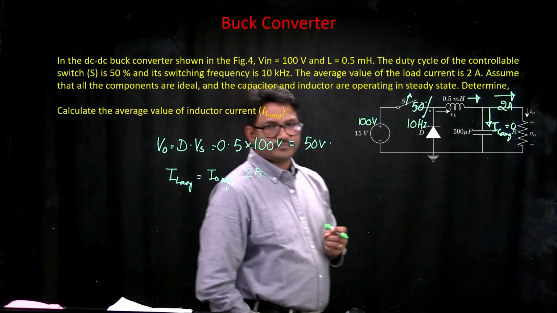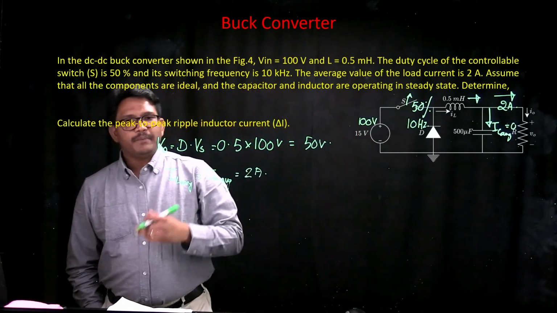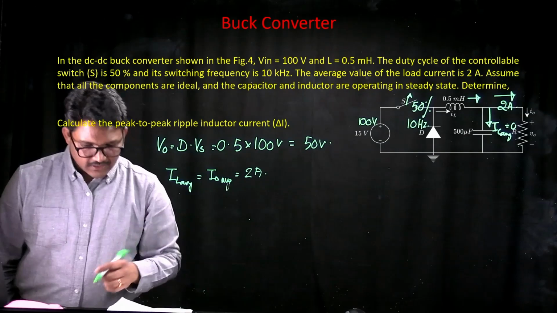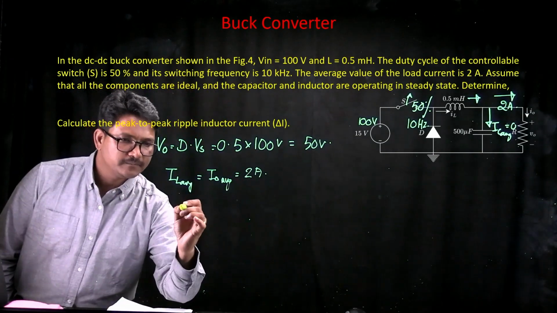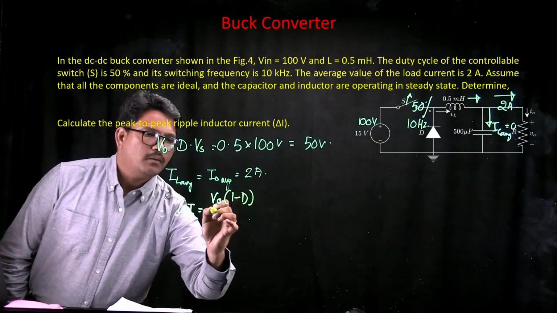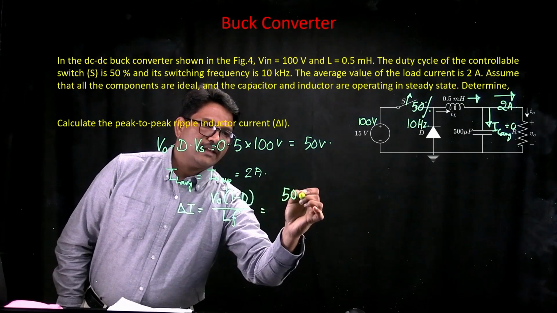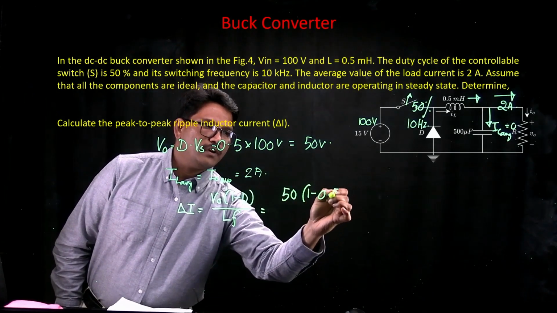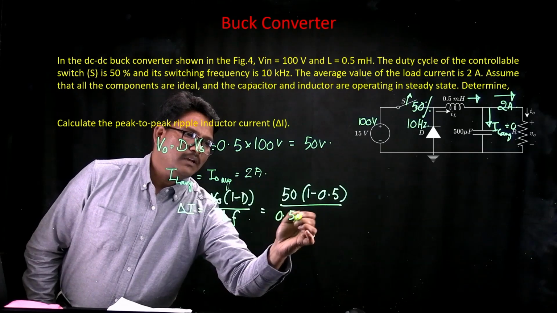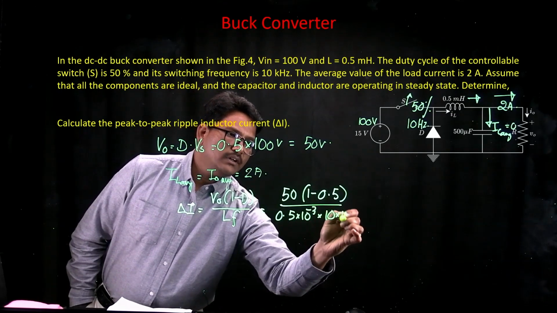And next, if you want to calculate the peak to peak current ripple, then the peak to peak current ripple in the case of buck converter, considering that the continuous conduction mode is still valid, can be expressed as delta I is equal to V0 times (1 minus D) upon L F. Now you know that the output voltage is 50 and duty cycle is 0.5, that is 1 minus 0.5 for us, upon the value of inductance, which is 0.5 milli, that is 10 power minus 3, and frequency of switching is 10 kilo, so 10 times 10 power 3 for us.